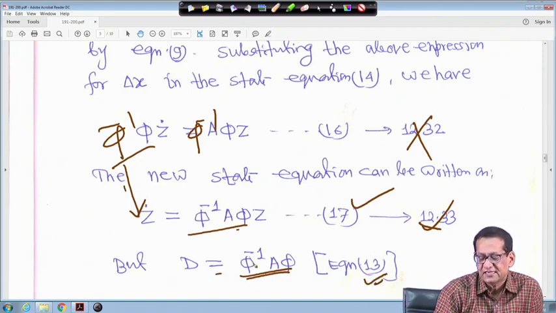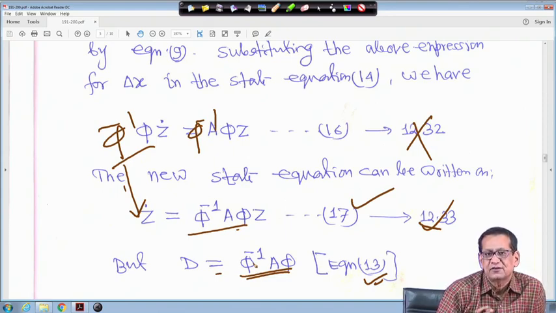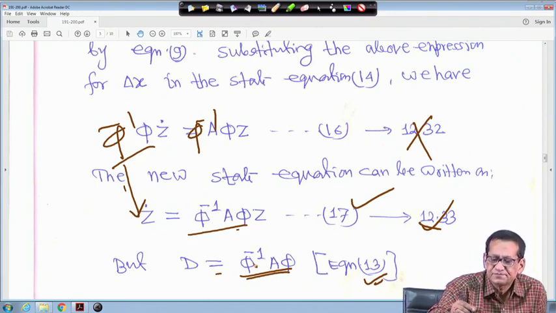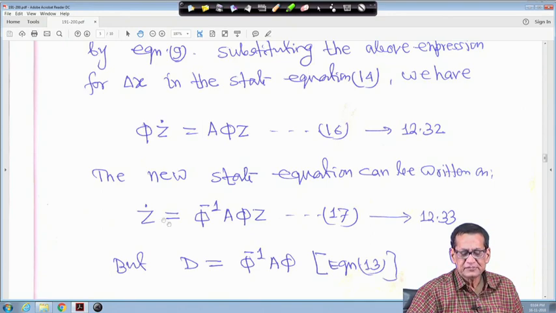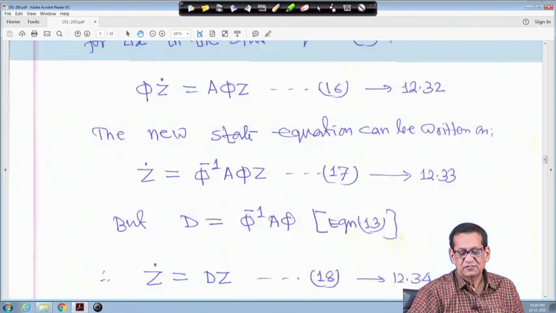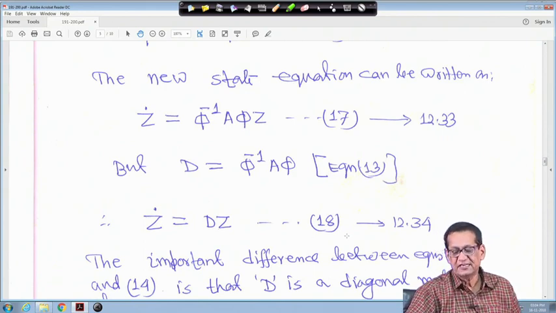This is nothing but D, the diagonal matrix, that is all diagonal elements are the eigenvalues of the A matrix. So, we can write z dot is equal to D z, this is equation 18.